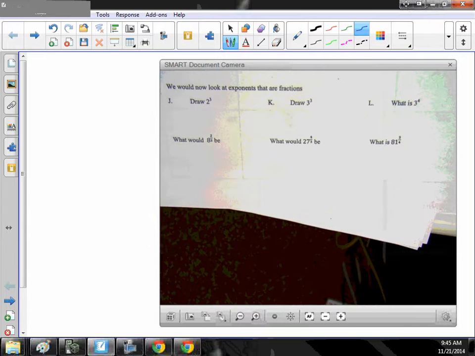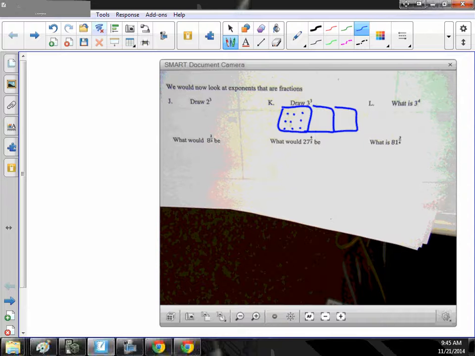So we decided that 3 to the third was 3 dots and then 3 of those. So this is 3 times 3 times 3. Can 27 be broken into 3 equal multiplications? Yes. What happens when we keep 4 of those multiplications?